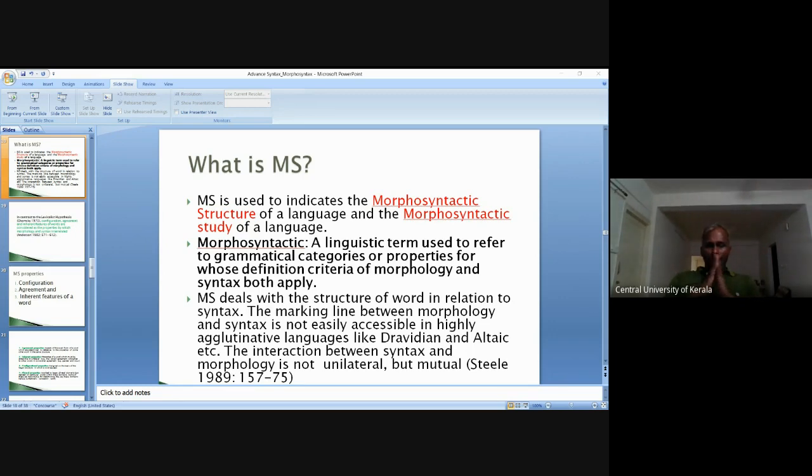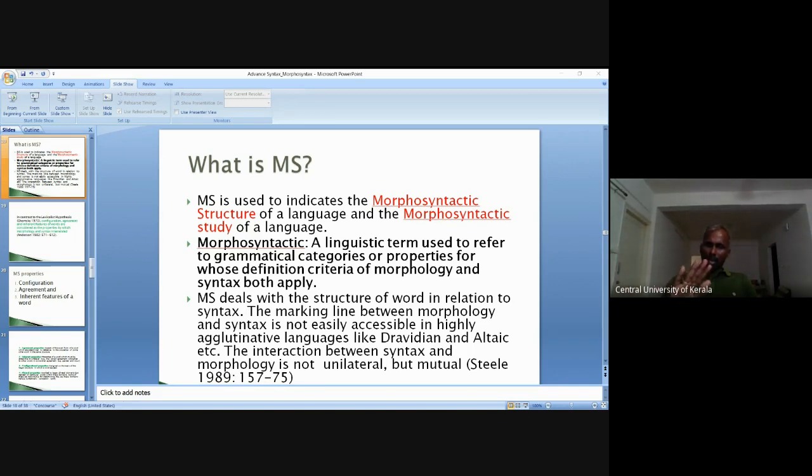See, both agreement and government are concepts that are necessary to describe inflectional morphology. For example, controller and target, governor and governee. Take agreement, for example, avan vandan.